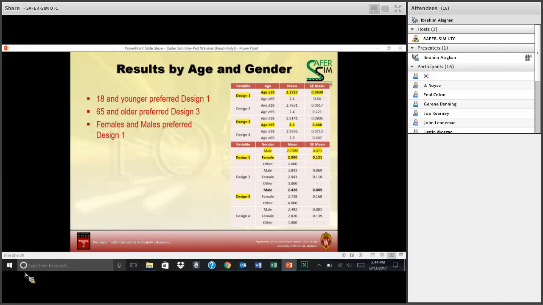For drivers aged between 18 and 65, the mean was the lowest for design 1, but for drivers older than 65, the mean was the lowest at design 3, which is 2.3. Based on gender, both male and female gave the lowest mean to design 1.